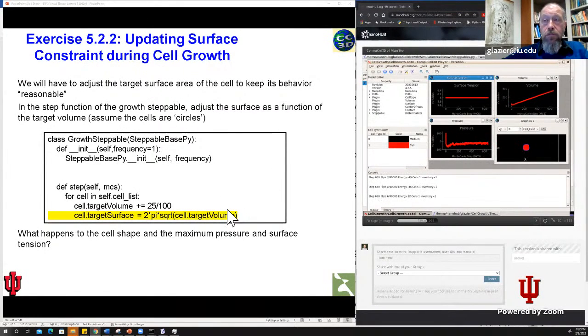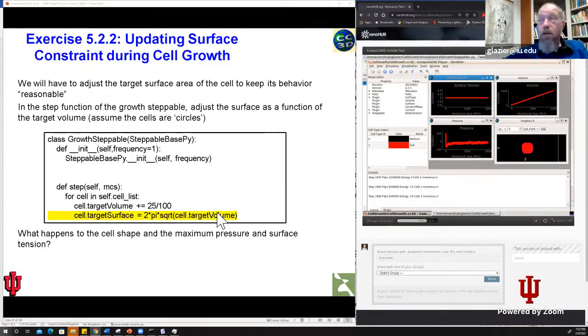Another way to do it would be to adjust the surface based on the actual volume. Here, I've said that the target surface is 2 times pi times the square root of the target volume. And that's basically trying to keep the pressure constant. A third way to do it is what Joel suggested, which would be, say, cell dot target surface plus equals 25 over 100, and then play with that increment to see what works.